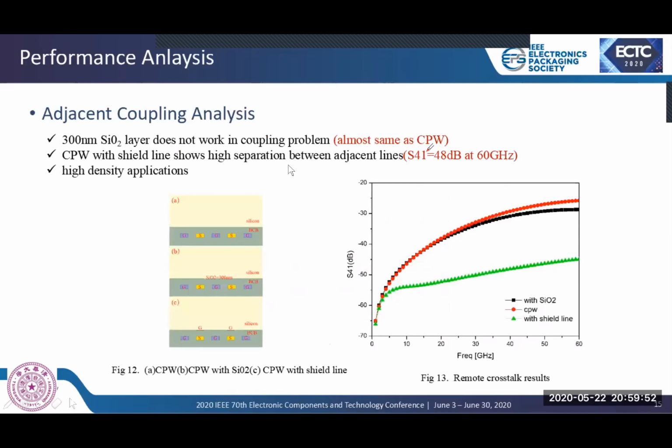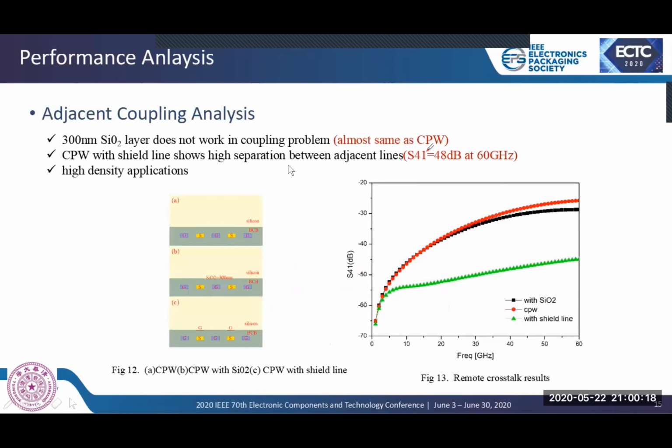After transmission loss analysis, let's see another important issue: adjacent coupling. It's important in high-density applications. A model of two adjacent lines is shown in Fig 12. Fig 12a is two coplanar waveguides sharing the same ground line.